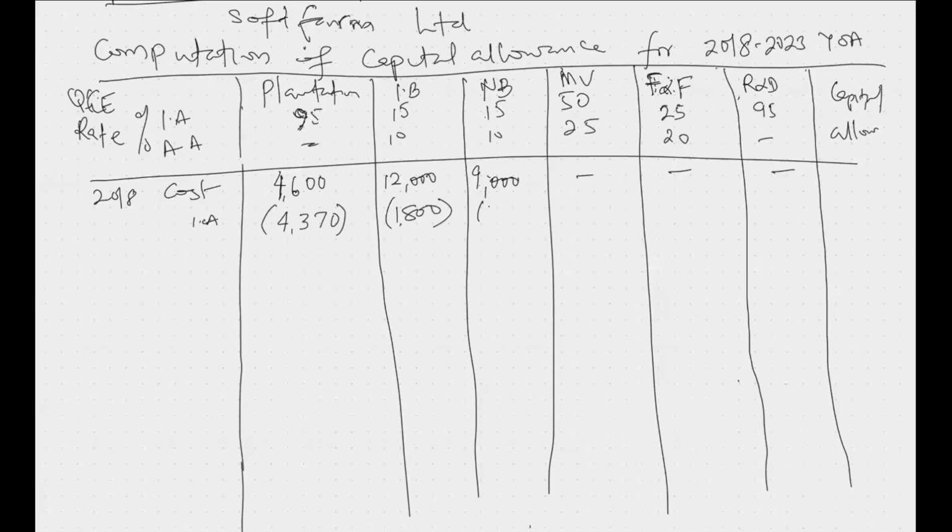Nothing for this guy. Calculate the annual allowance and get from 1020. 1020 for this one.